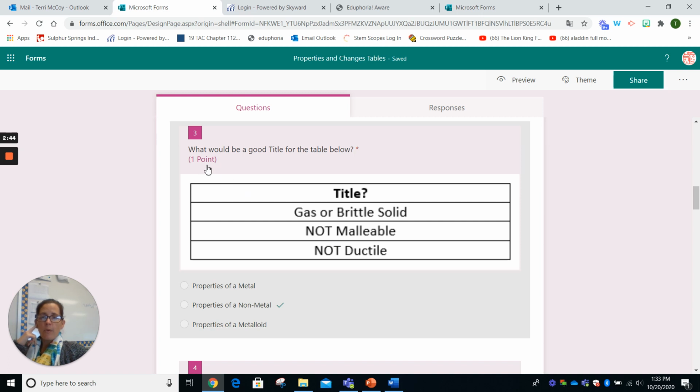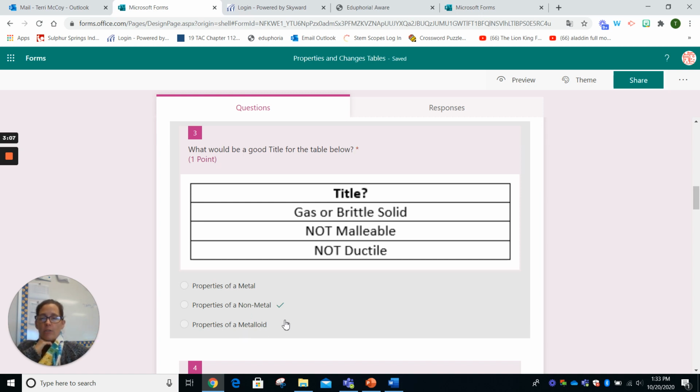Let's look at question number 3, and it says, what would be a good title for the table below? We have gas or brittle solid, not malleable, and not ductile. So we're looking for a title that would describe these things. Our options are properties of a metal, properties of a non-metal, and properties of a metalloid.